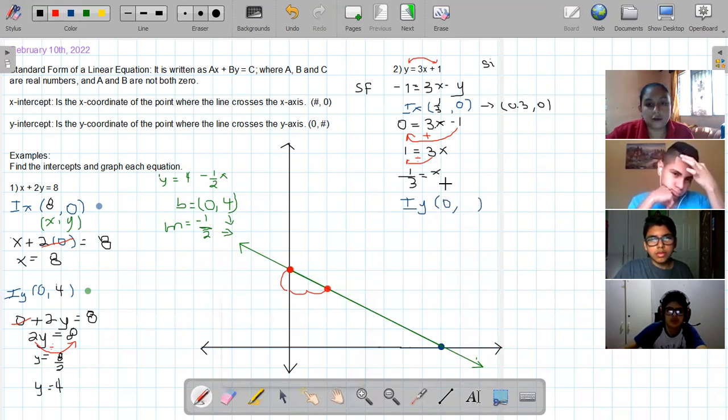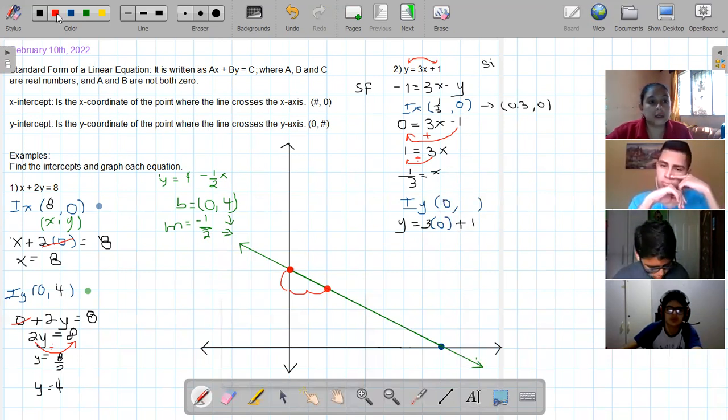And now we're gonna substitute the 0 instead of x. So y is equal to 3, and instead of x, 0, plus 1, because we're working with the original exercise, okay? And 3 times 0? 0. And 0 plus 1?